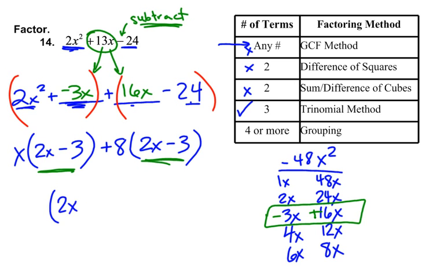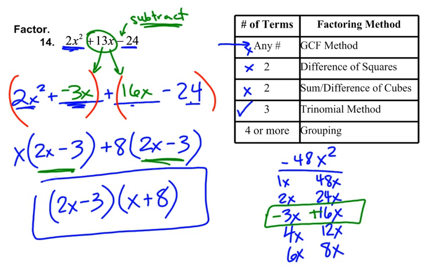We're going to take out 2x minus 3, and as we remove that 2x minus 3 from what we've got, we're going to be left with x plus 8. So our factored version of 2x squared plus 13x minus 24 is 2x minus 3 times x plus 8.